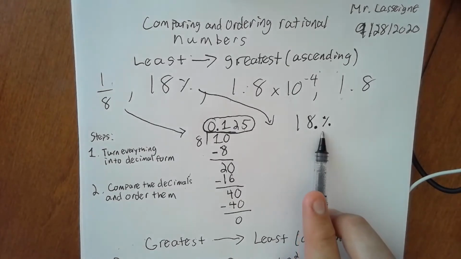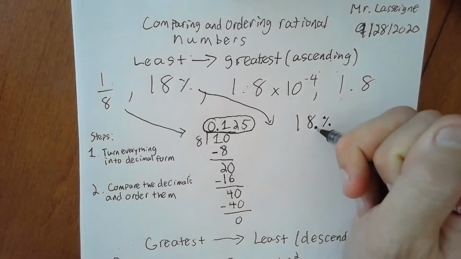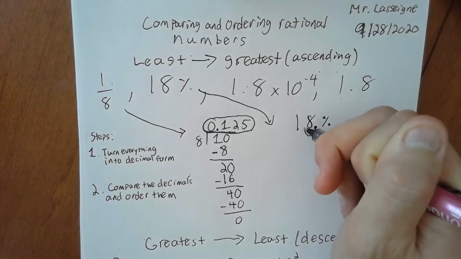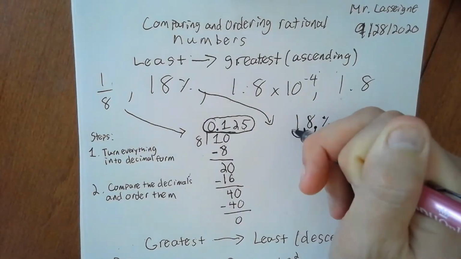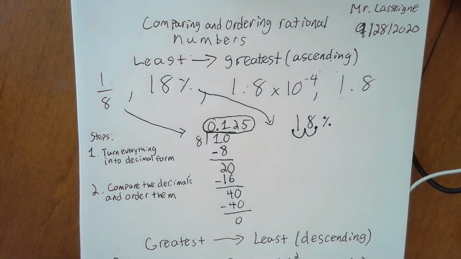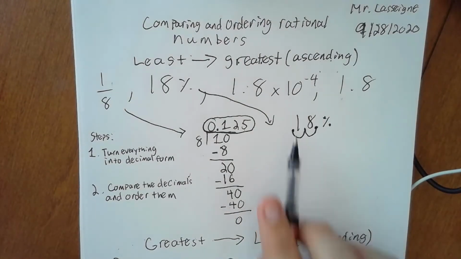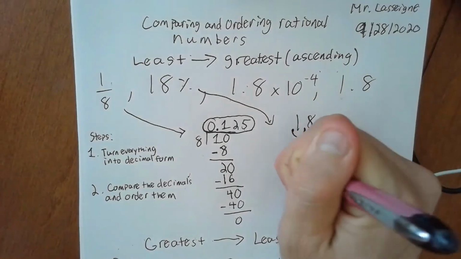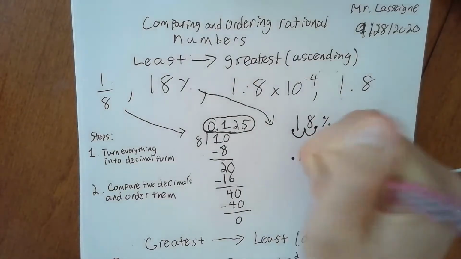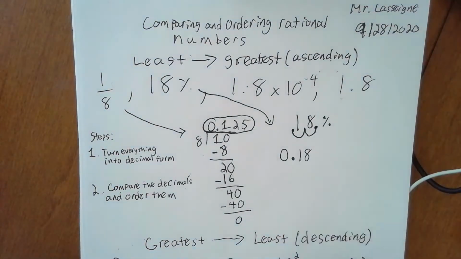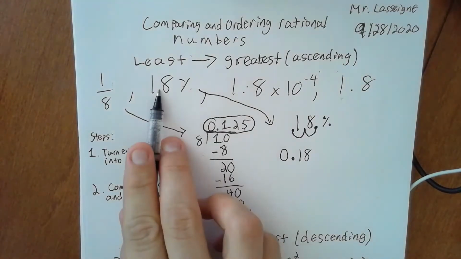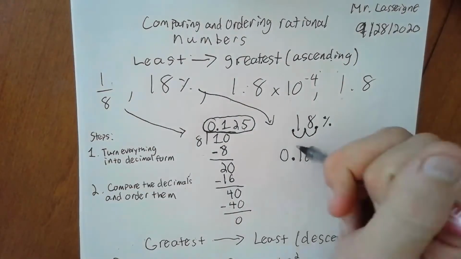And for percent, we have to move this decimal twice to the left to get it into decimal form. So it was here, now I'm moving it twice, and now it's in front of the 1. So that becomes 0.18, and I can put a 0 out in front. So 0.18, that's 18% in decimal form. So this is my second guy.